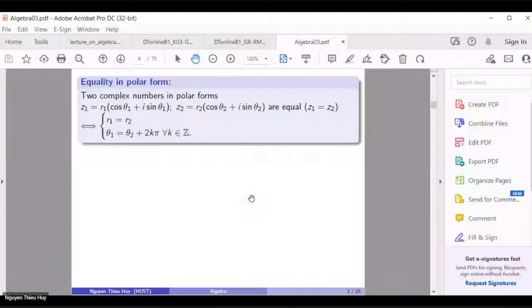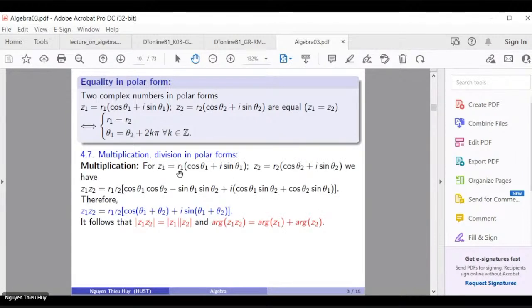So this is the equality of two complex numbers in polar form. The modulus should be the same, but the arguments may differ by 2k pi. It represents the same vector in the complex plane. Now we consider two operations on this form: multiplication and division in polar form, right?